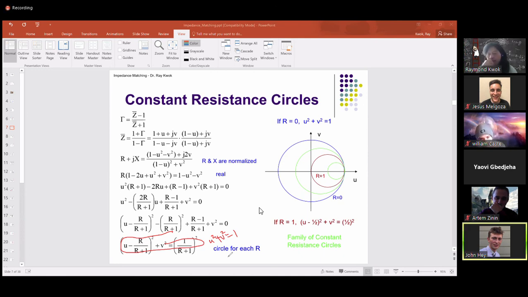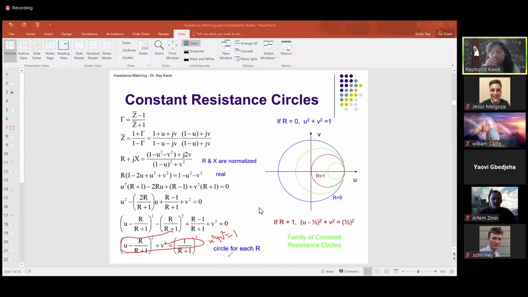And similarly, if the normalized resistance goes to infinity, you're stuck on the very rightmost part of the graph on the U axis. So that means open and short are on the same circle. Good question. I need to think about that too.